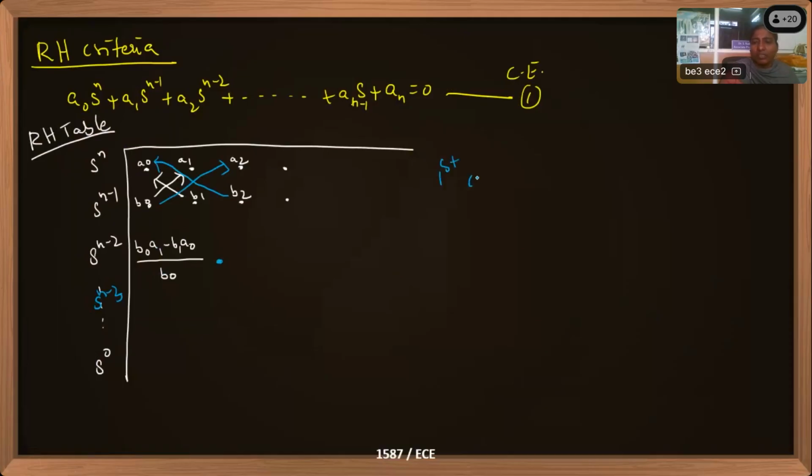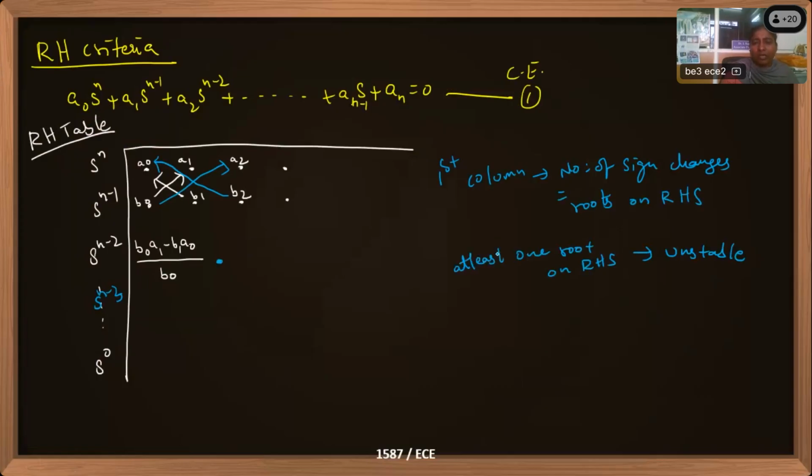Then we check the number of sign changes in the first column of the RH table. The number of sign changes equals the number of roots on the RHS. If at least one root is on the RHS, the system is unstable. If roots are present on the imaginary axis, we say the system is marginally stable.